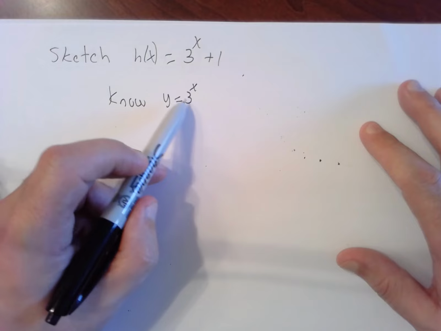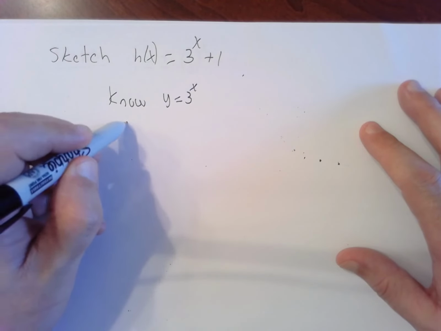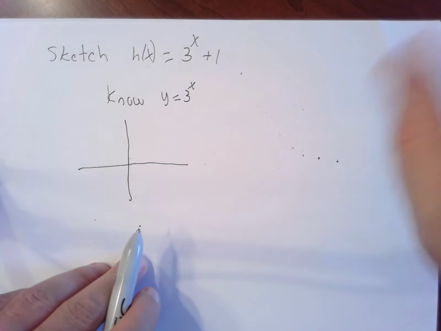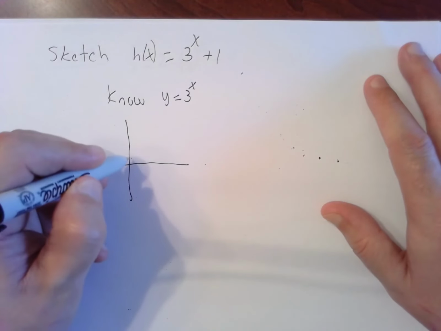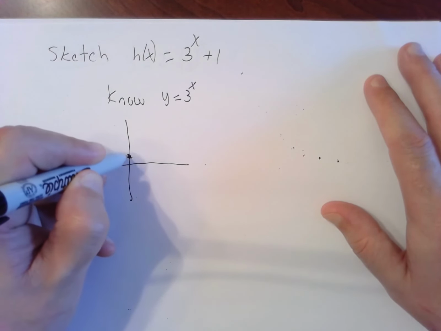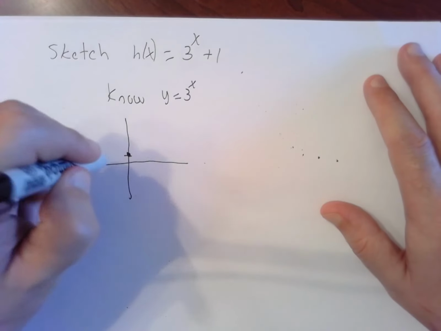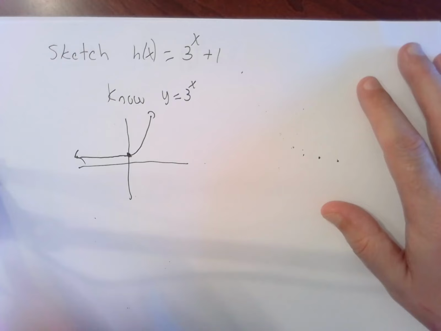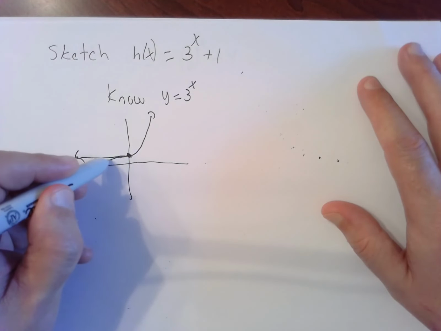Here a equals 1, b equals 3. But what about the plus 1? I'll deal with the plus 1 in a minute. This guy passes through the point 0, 1 and is growing. That's y equals 3 to the x.